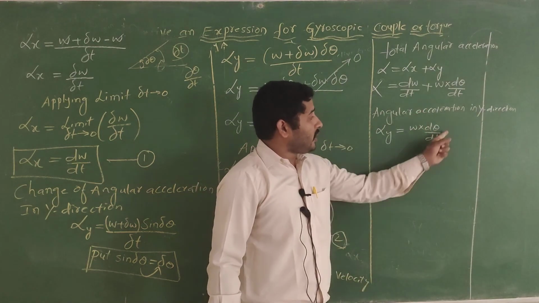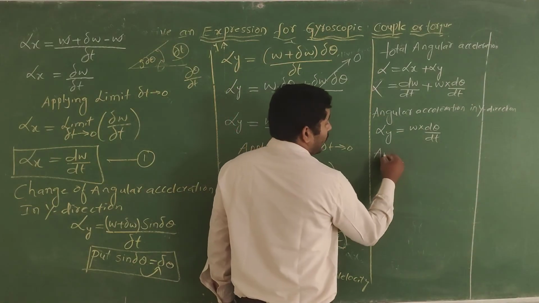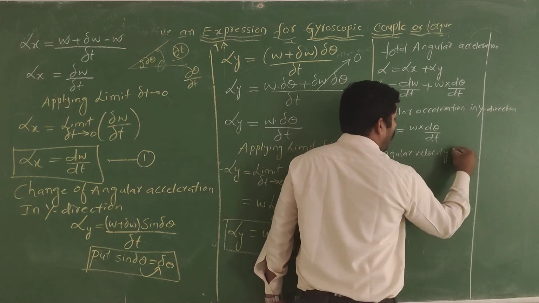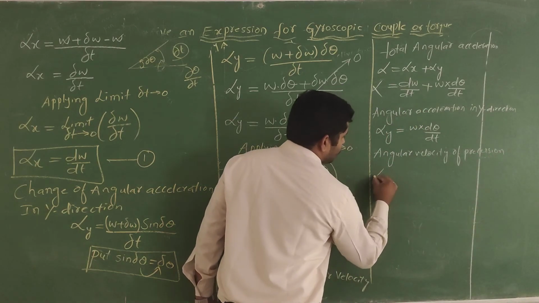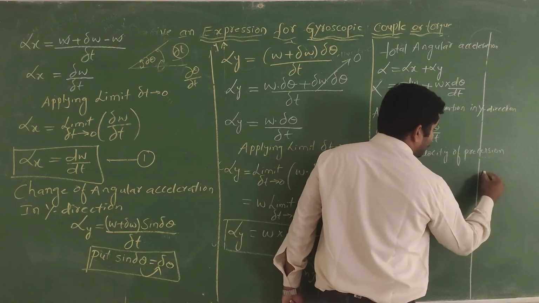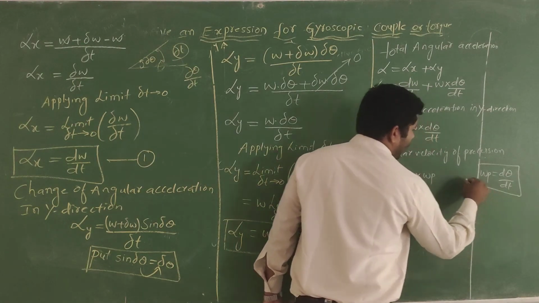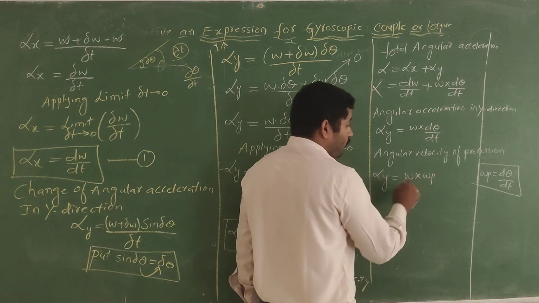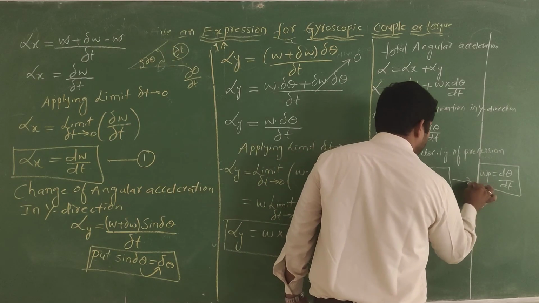Again d theta by dt is the angular velocity of precession. So alpha y is equal to omega into omega p, where omega p is d theta by dt, the angular velocity of precession. We got it. Okay, so it is considered as equation number 3.